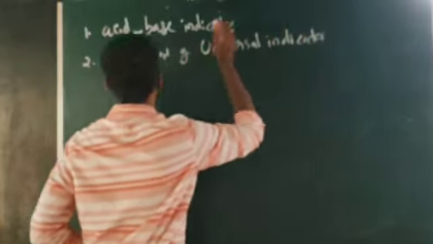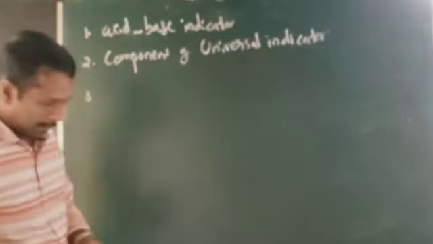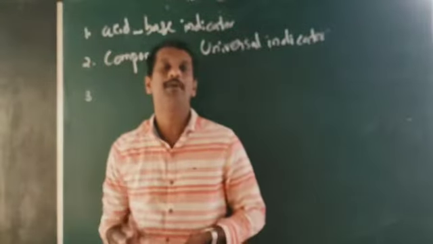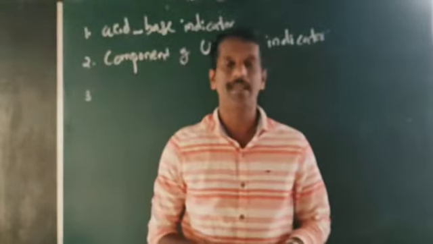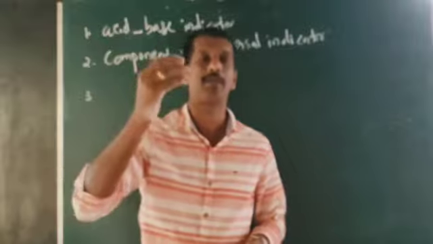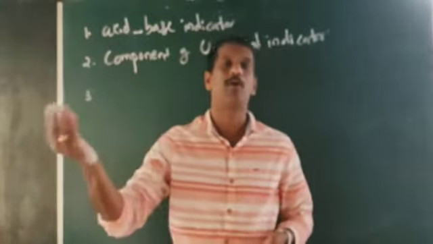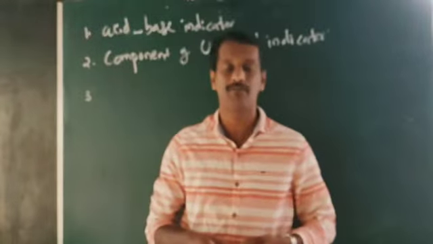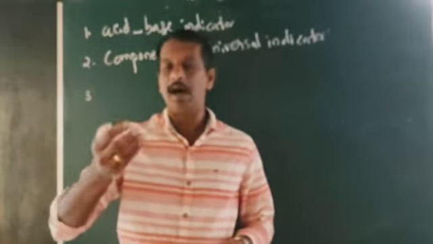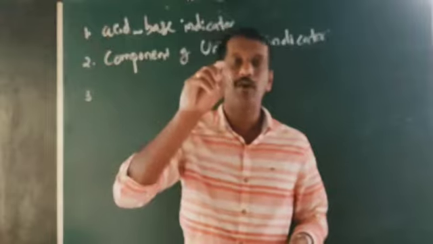Okay, and the third one is it is used to trap corrupted officials. What do you mean by corrupted officials? The officials who are asking bribes from common people are known as corrupted officials. So what we do, we apply phenolphthalein powder.